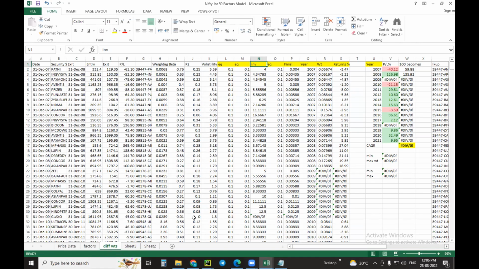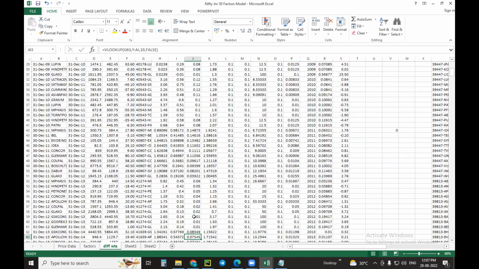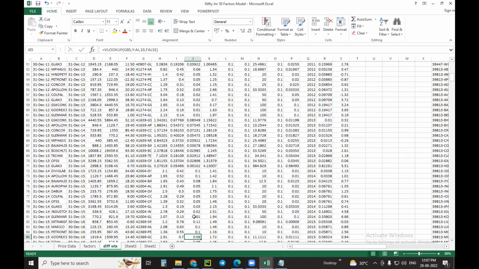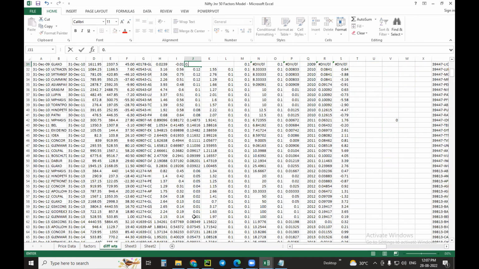Put 0.01 there. And highlight that, like you have changed it, right? That data point you highlight. No, 0.01.